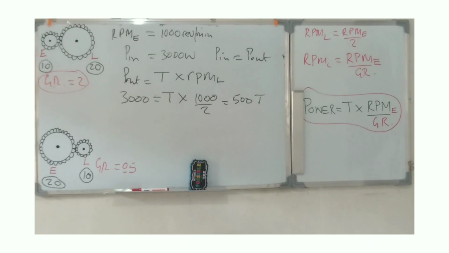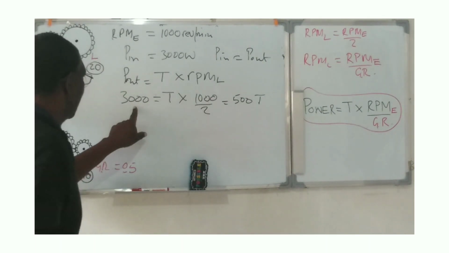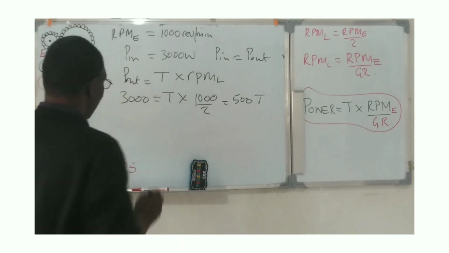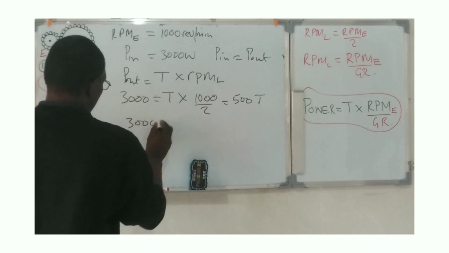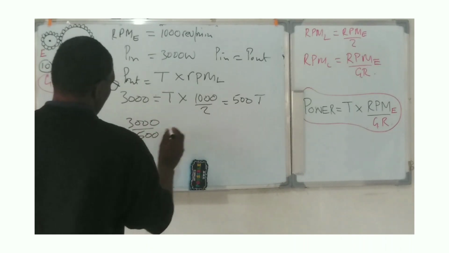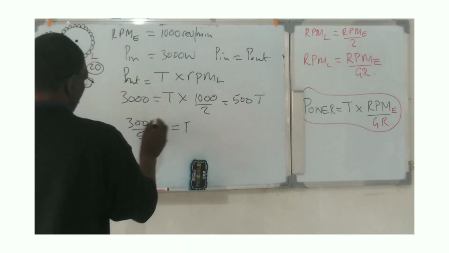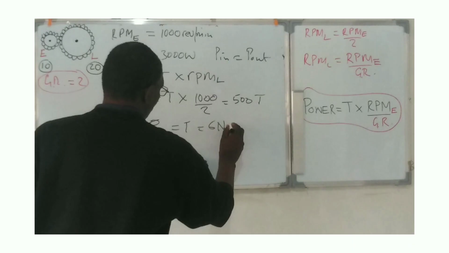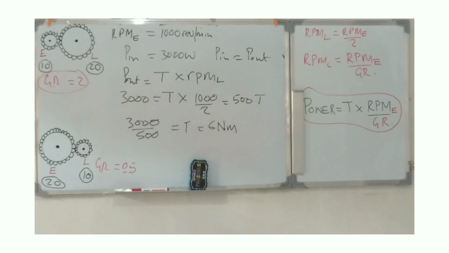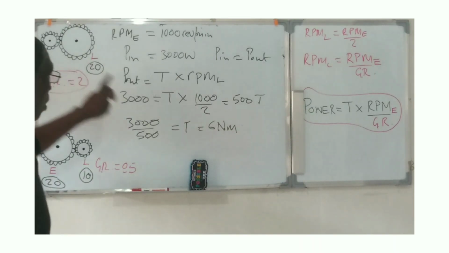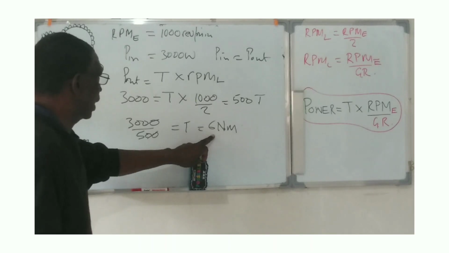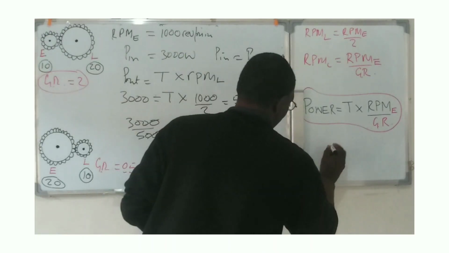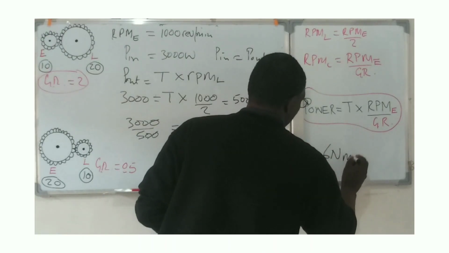So what is torque? Torque is equal to 3000 divided by 500, so T is equal to 6 Newton meters. So for the torque arrangement here, we are going to get a torque on the load side of 6 Newton meters. Let me just write it here, 6 Newton meters.